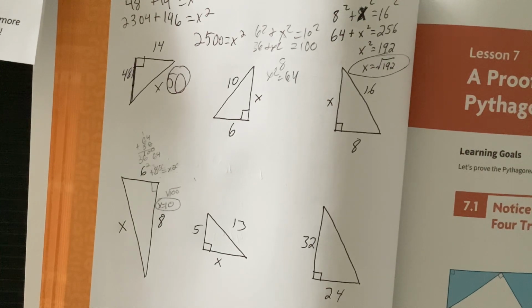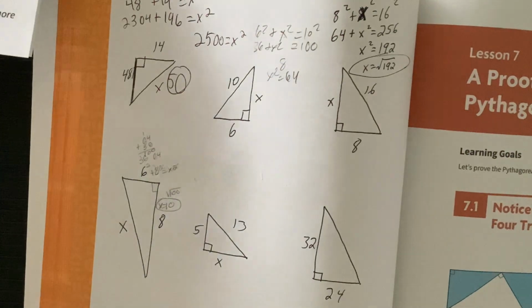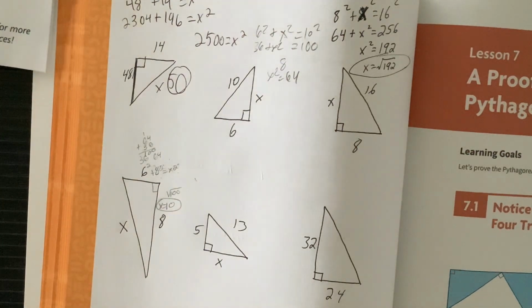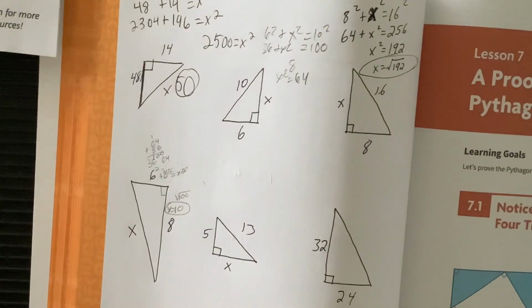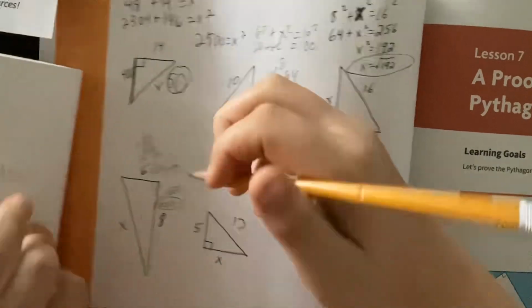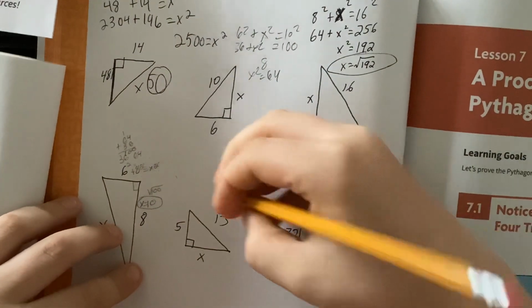Alright, Lucas, let's go. So we have 5 and 13.